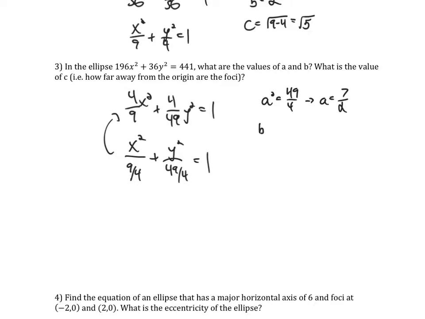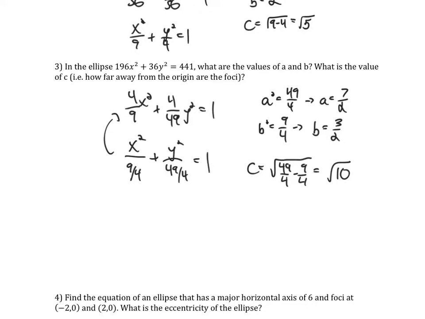My B squared equals 9/4, which means my B value is 3 over 2. And my C value is going to be root of 49 over 4 minus 9 over 4, which is root 40 over 4, or root 10.